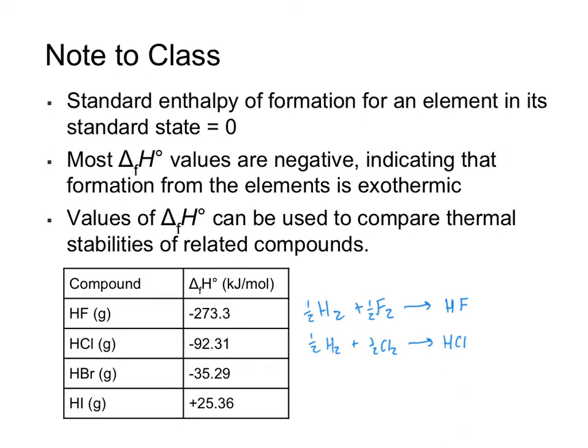Likewise, we actually see that the formation of HI is endothermic, and so it will actually require an input of energy in order to convert hydrogen and iodine over to HI, which means that really this doesn't want to occur. We have to provide energy for this to happen, which tells us that out of these 4, HI is the least stable compound.